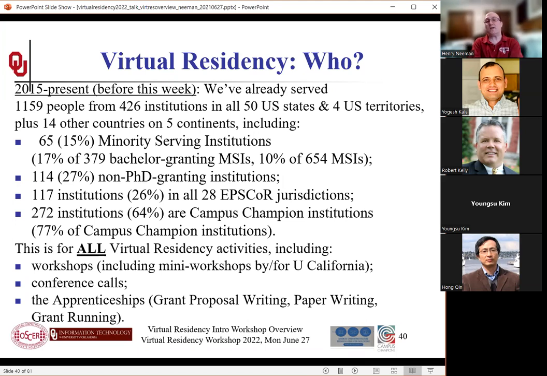About 1 in 6.5 of our participating institutions are minority serving. And that's 1/6 of all bachelor's granting and above minority serving institutions, and about 1 in 10 of all minority serving institutions in the US. And I'm basing this on the Carnegie classification, if you want to look it up.